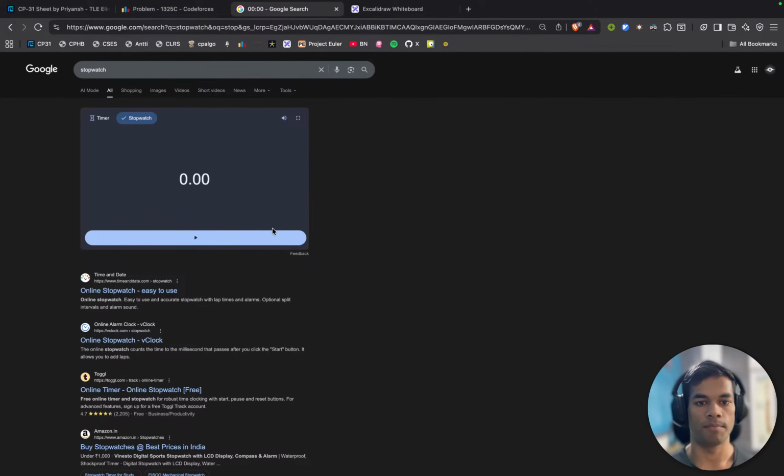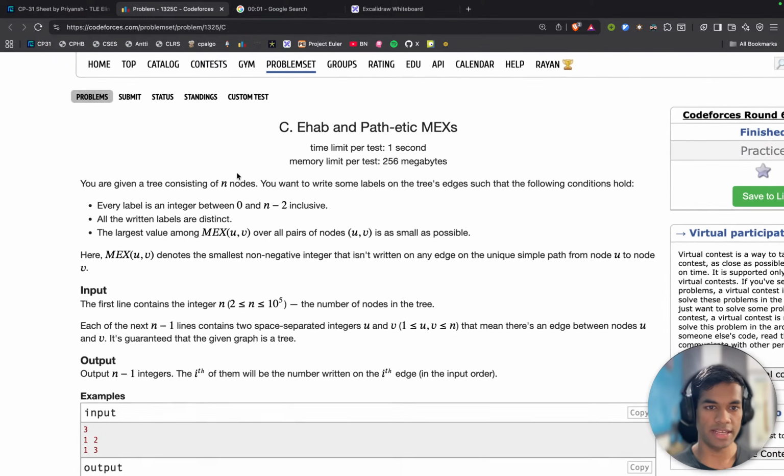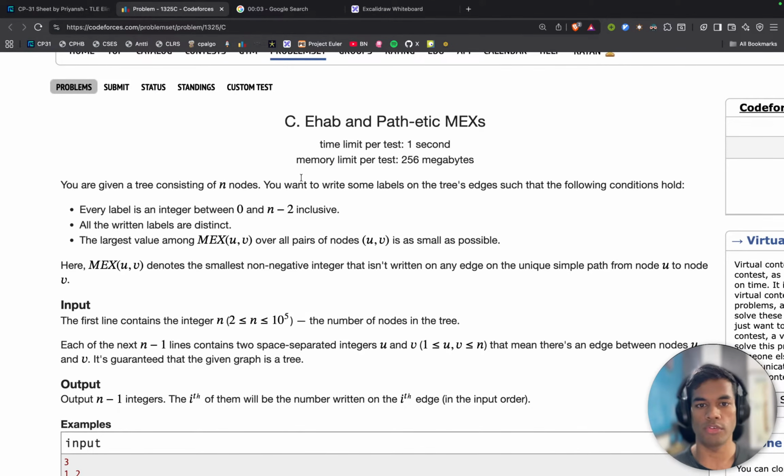Let us see. You are given a tree consisting of n nodes. You want to write some labels on the tree's edges such that the following conditions hold. Every label is an integer between 0 and n minus 2 inclusive, so 1 will be left.